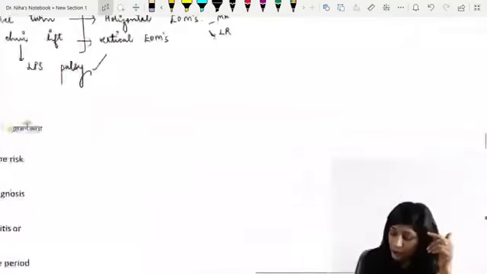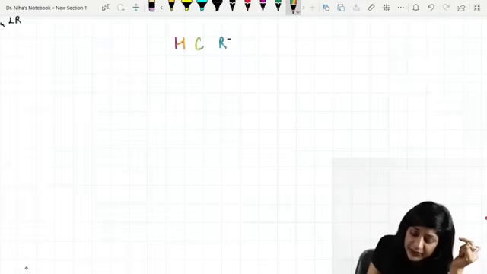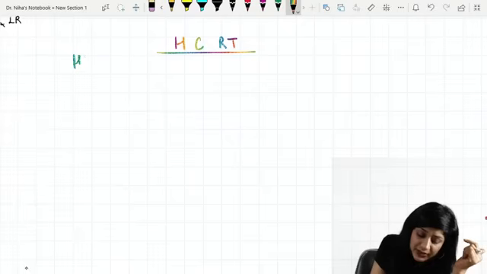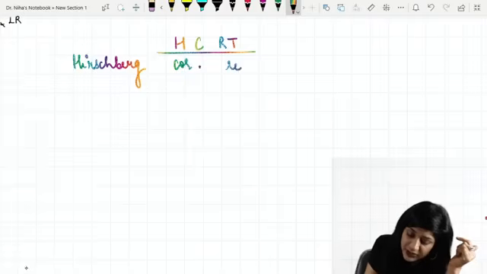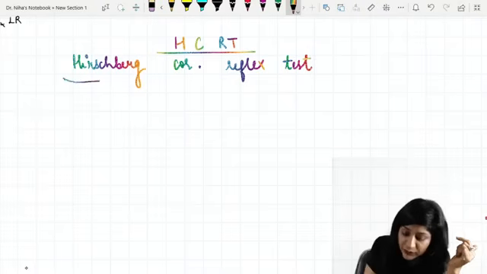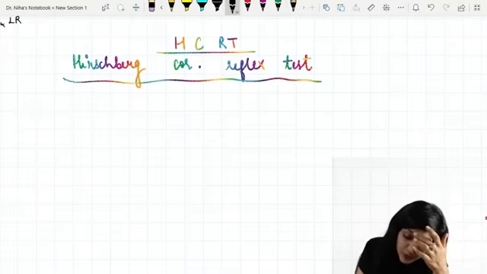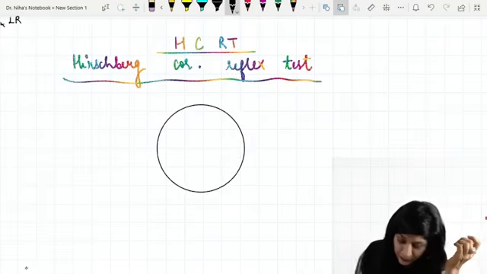So in this ocular examination, we have to do the HCRT test. This test is called the Hirschberg corneal reflex test. What we are doing in this is, suppose this is the eye and we are putting the light from a distance.